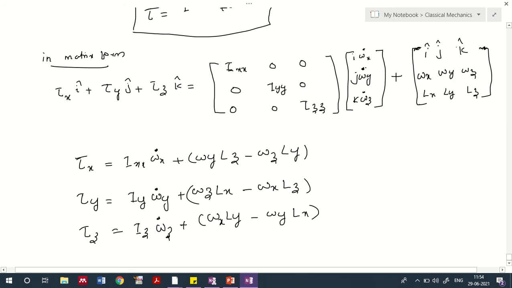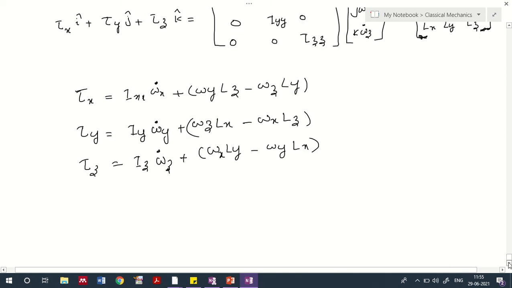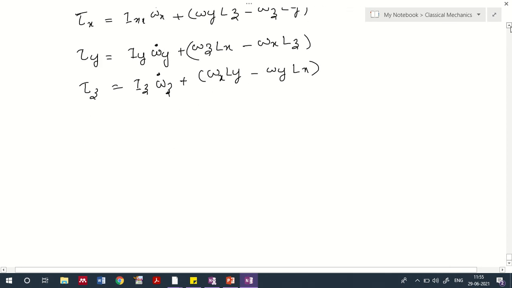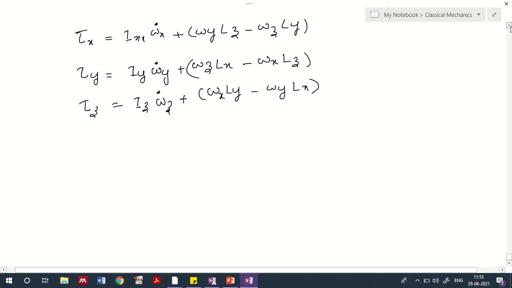If we collect the i components together, the j components together and the k components together, you can write the equation like this. Now, omega y Lz I can represent differently, as we know L is equal to I omega.